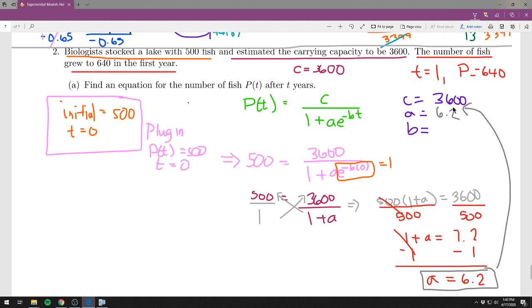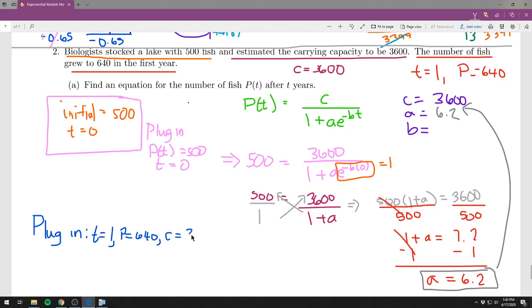So the last step to get B is to use the only piece of information you haven't used yet, which is this. We're going to plug in A and C into our formula because we figured out those. And we're also going to plug in t equals 1 and P equals 640 to get B. So plugging in absolutely everything. t equals 1, P equals 640.